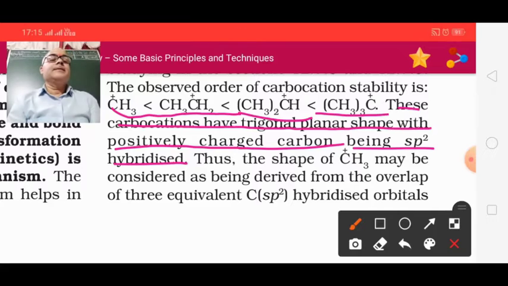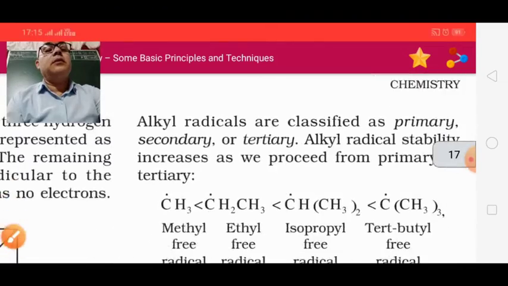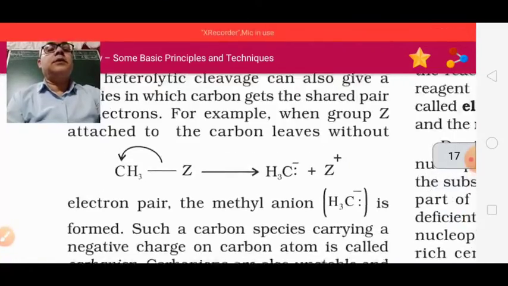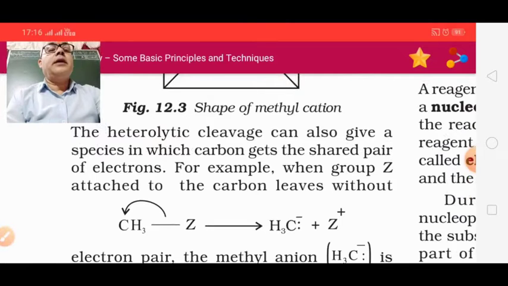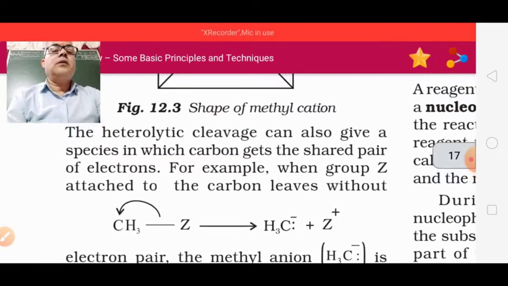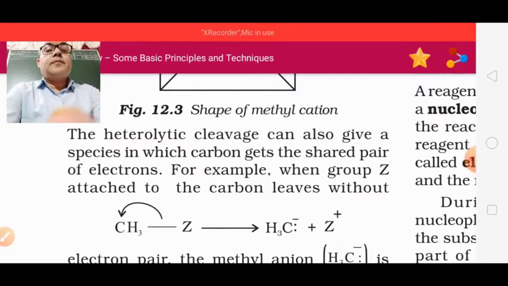Now we will come to the next type of cleavage. First we will see the heterolytic cleavage. In heterolytic cleavage, two types of species can be formed.